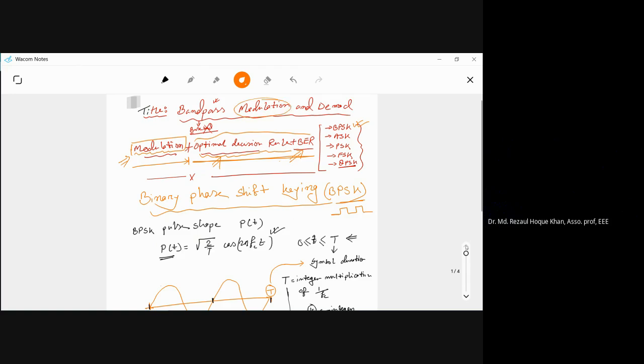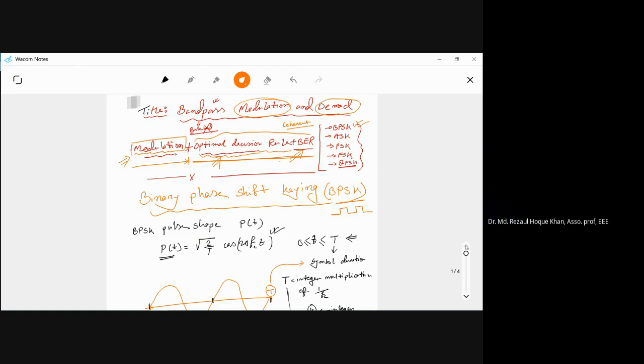Here there is an assumption that this detection is coherent detection of the waveforms, not arbitrary.